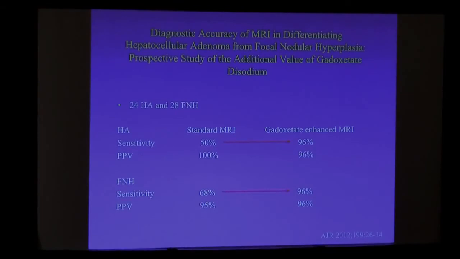This is a study showing patients with FNH and hepatic adenomas using MRI with Eovist in the diagnosis, and you can see that the sensitivity increased from standard MRI from 50% to 96%, and in FNH also from 68 to 96%.